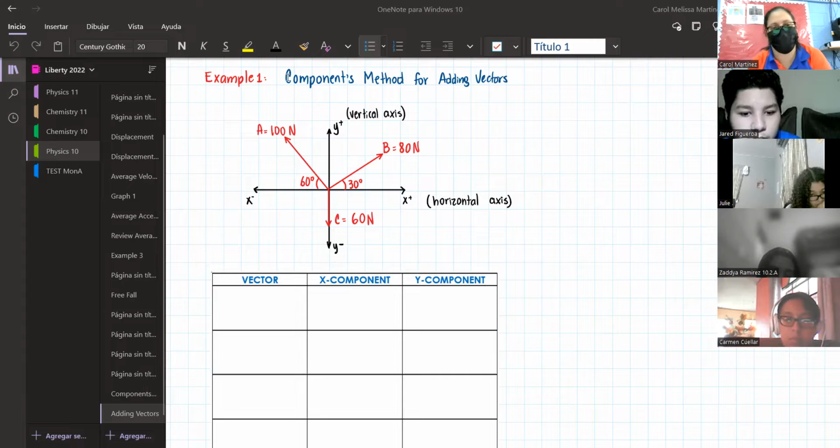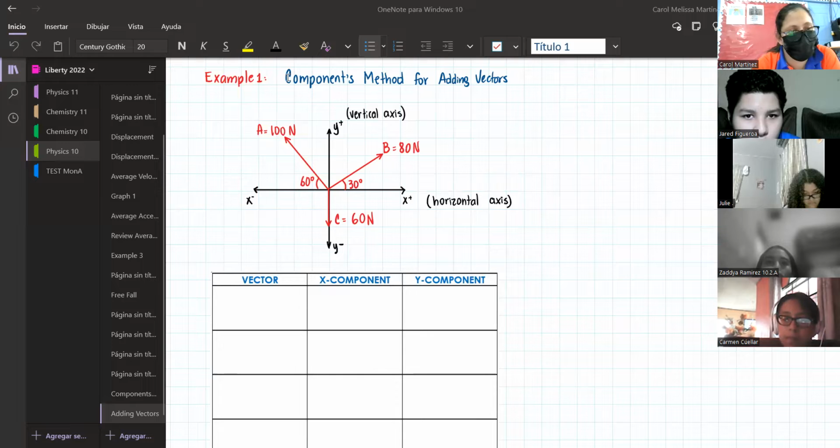Now, take a look. The first thing that we need to do with these vectors is analyze the types of angles that we have. So I'm going to focus on the first vector. This angle of 60 degrees. What type of angle is that? Is that a horizontal angle or a vertical angle? Take a look. What is the axis that the angle is touching?